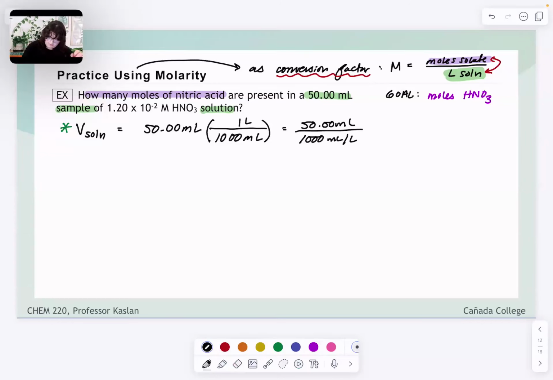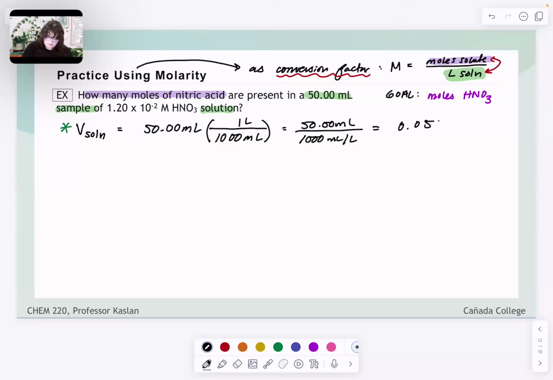Or if you are comfortable with your orders of magnitude conversions like milli, kilo, centi, then you could just move your decimal over. So we could have just moved our decimal over 1, 2, 3 places to the left, because we know that 50 milliliters has to be a small fractional amount of a liter. So doing that decimal place movement, 0, let's see here, 1, 2, 3, so there has to be another 0 here.